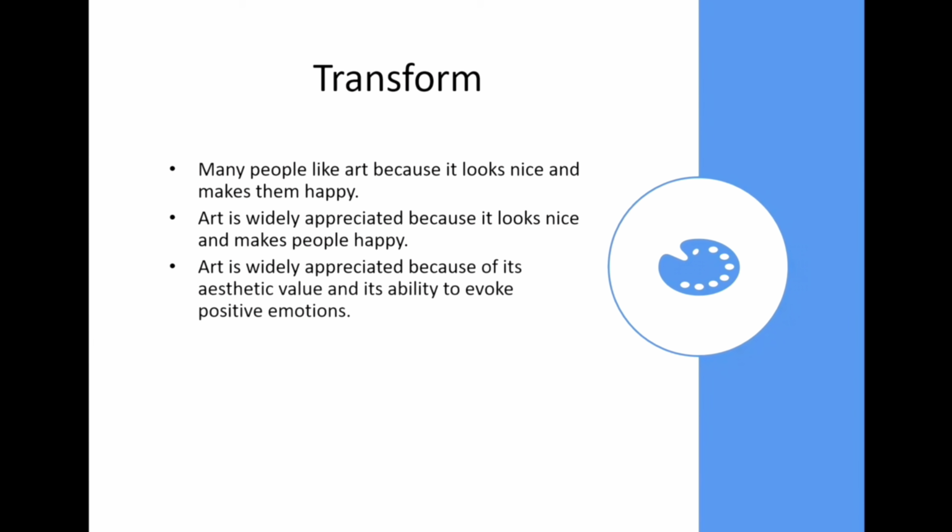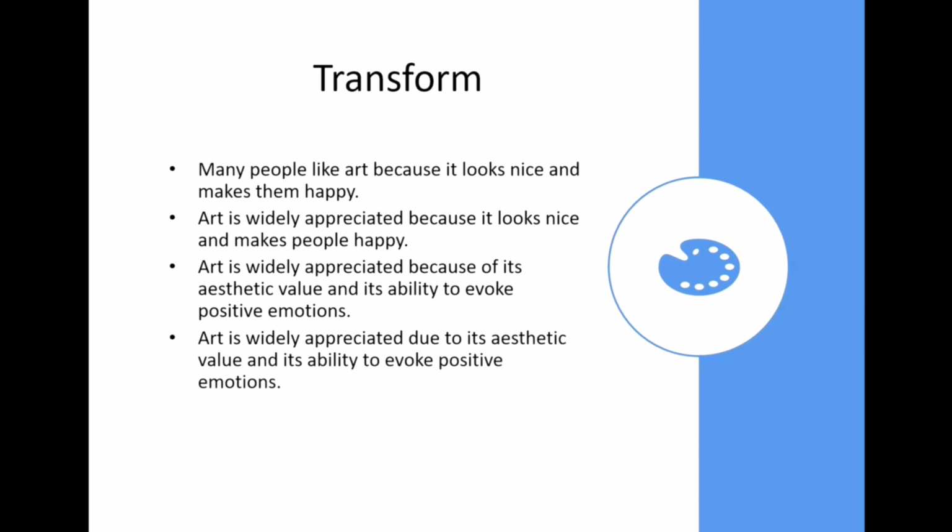"Art is widely appreciated because of its aesthetic value and its ability to evoke positive emotions." Okay, aesthetic value means it looks nice, and ability to evoke positive emotions means it probably makes you happy. Much more formal way of saying it, and look at the words, much better. "Art is widely appreciated due to its aesthetic value and its ability to evoke positive emotions."